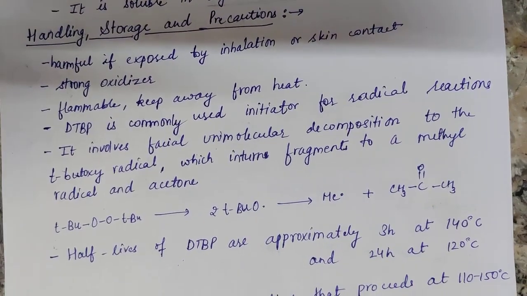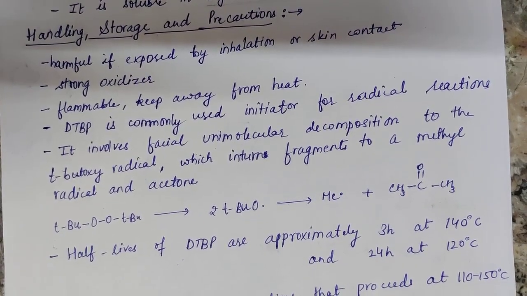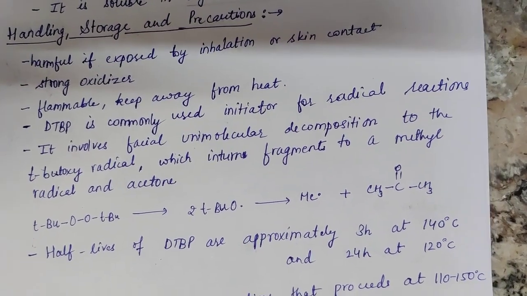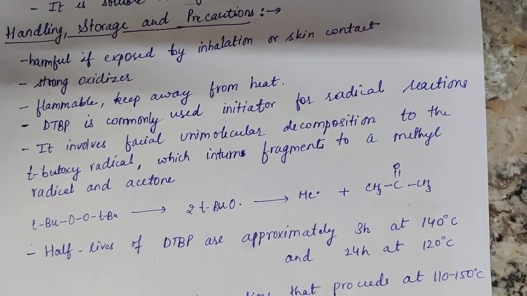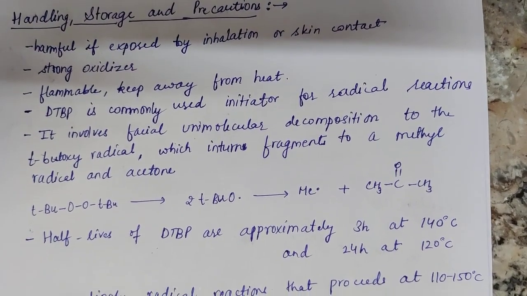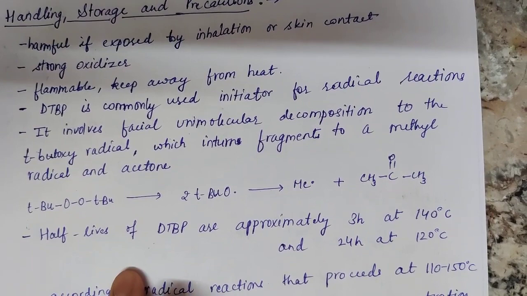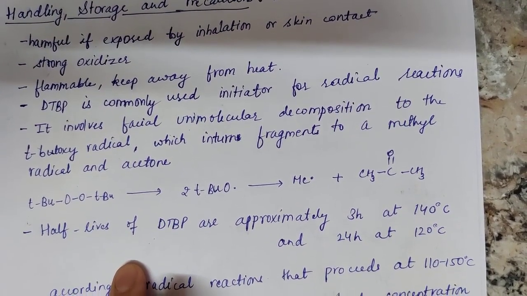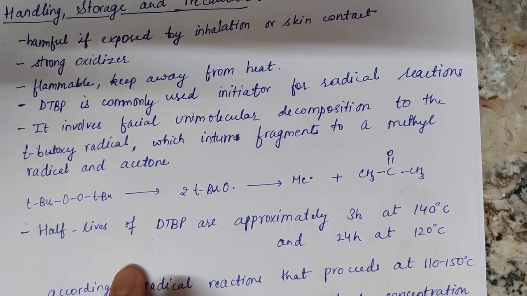Now, di-tertiary-butyl peroxide is commonly used as an initiator for radical reactions. We have already talked about the unimolecular decomposition to obtain two tertiary butoxy radicals.